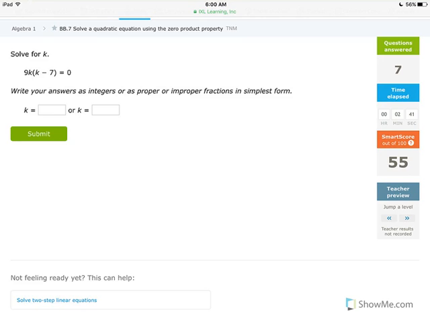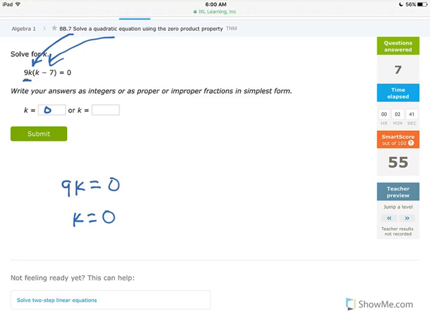And here's another one. This one, 9 times k. How can 9 times k be 0? What would k have to be? K would have to be 0, because 9 times 0 would make the 0. So you're looking for where 9k can be 0, and k has to be 0 for that to happen. And the other one, you can probably do that in your head.